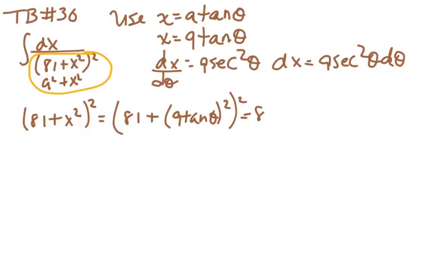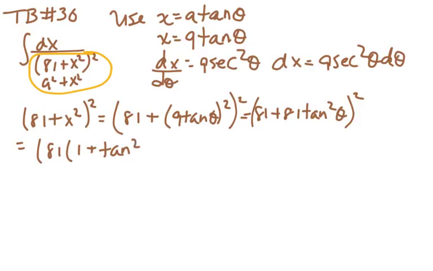So this is 81 plus 81 tangent squared theta, and again that quantity is squared, which is equal to, I'm going to factor out an 81, 1 plus tangent squared theta, and that quantity squared.